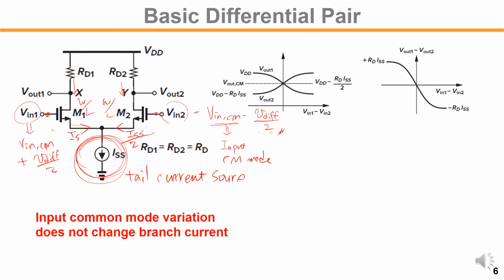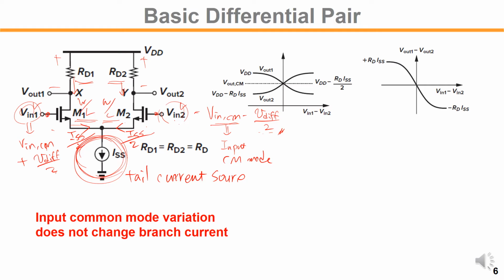Why? Because we have the same gate bias voltage for Vin1 and Vin2 and the same device size. The current must balance between the left and right hand branches. So the same current ISS over 2 will flow through RD1 and RD2 respectively.